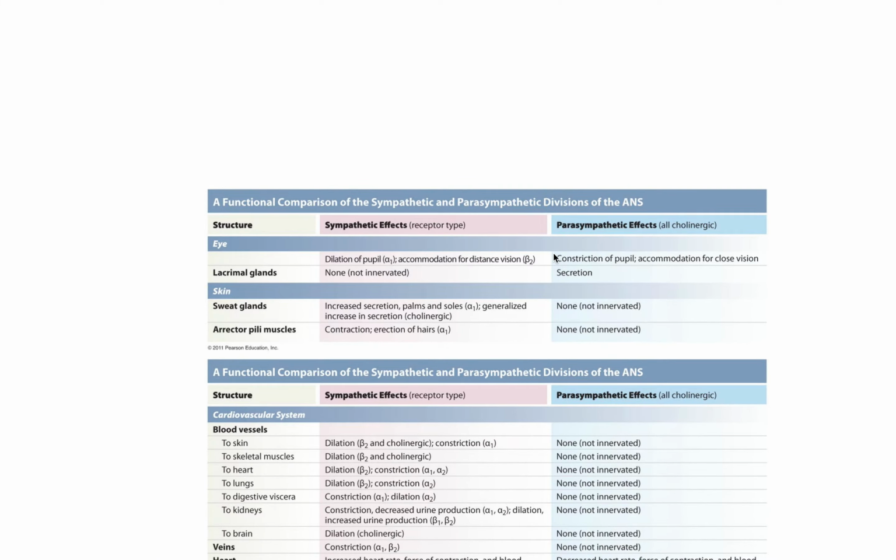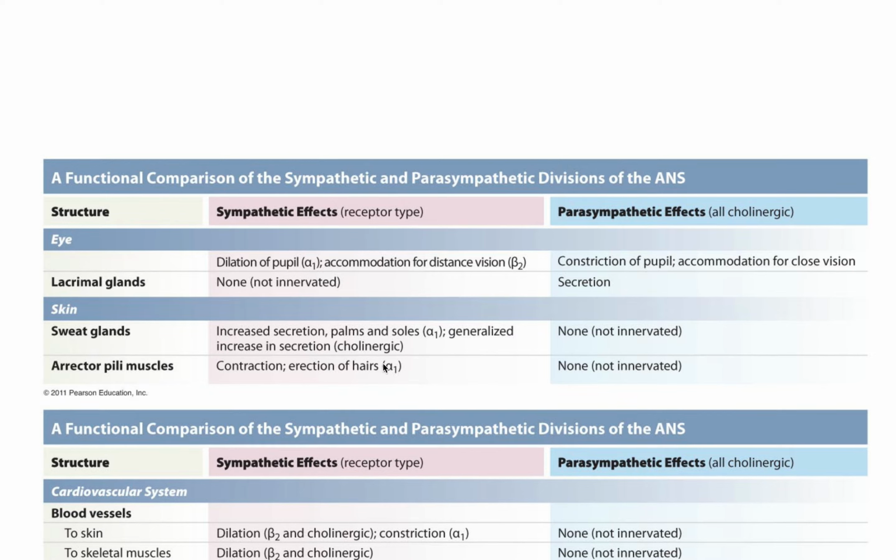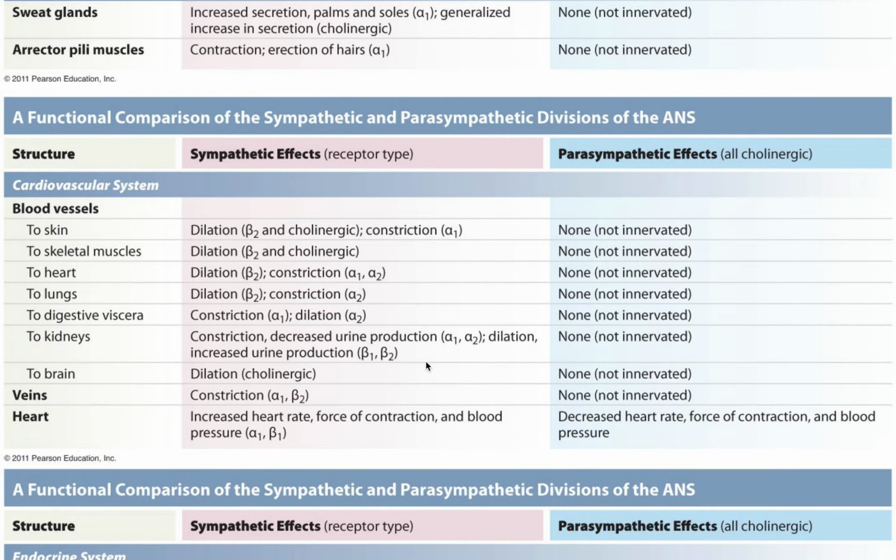Some things are only innervated by the sympathetic. For example, the sweat glands and the erector pili muscles are only innervated by the sympathetic. Again, blood vessels are only innervated by the sympathetic. The heart is innervated by both.